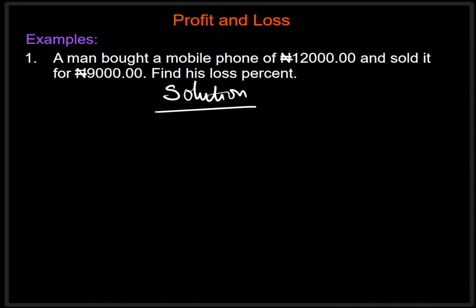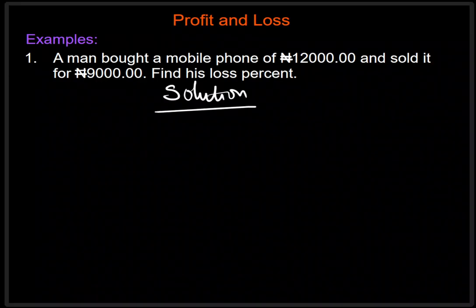Okay, so let's see. A man bought a mobile phone of 12,000 naira. So remember in our last class we talked about the cost price, the selling price, profit, loss, percentage loss and percentage profit.